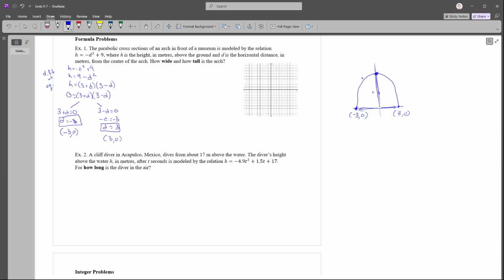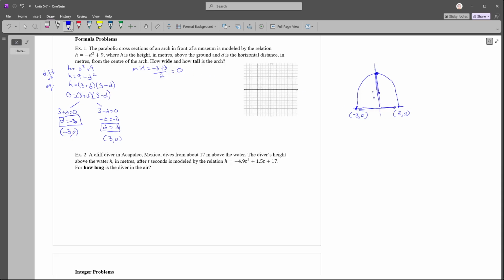We can find the x value of our vertex by finding the midpoint between our two x-intercepts. So our midpoint is going to be equal to negative 3 plus 3 divided by 2, which is negative 3 plus 3, which is 0. 0 divided by 2 is 0.